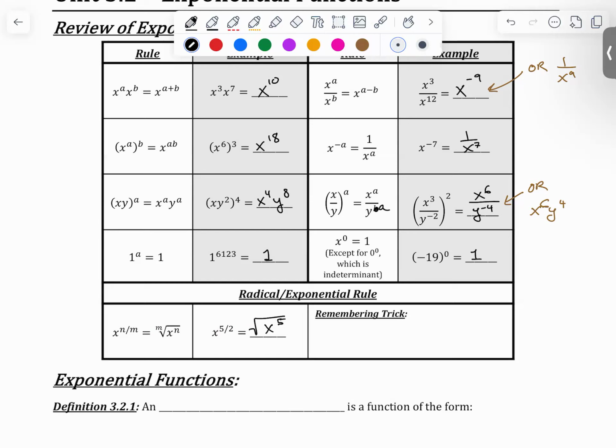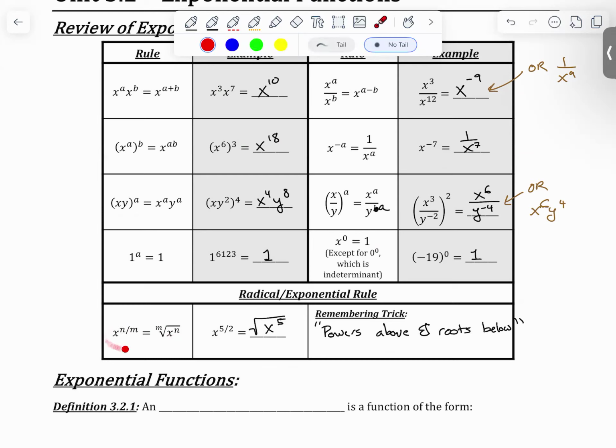Now, a good way to remember this is the following mnemonic: powers above and roots below, quote unquote. So imagine the power goes above and the root goes below.